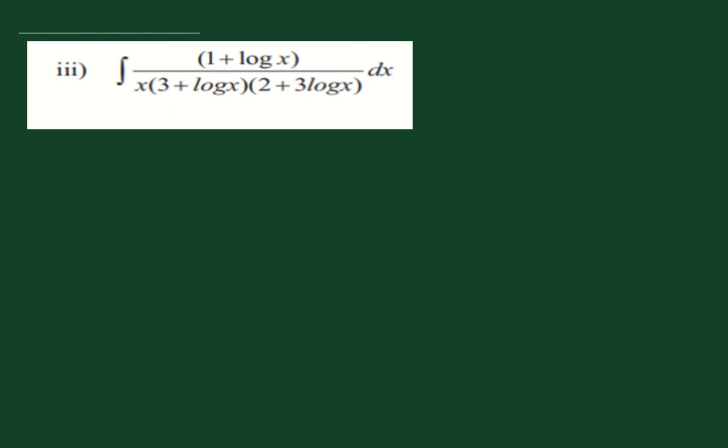The third question in this category, the integral of 1 plus log x upon 3 plus log x into 2 plus 3 log x dx is given. Obviously, by now we have come to the last sum of the lesson. Obviously, you find that you have to substitute. So we write let log x is equal to t, and therefore 1 upon x dx becomes dt.